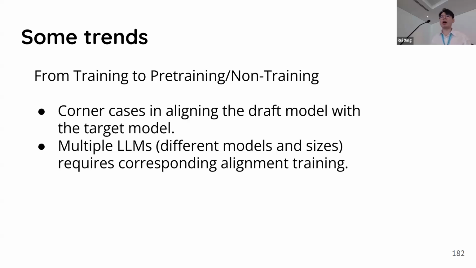This means that we must leverage data samples to learn the predictions from the target model. However, the data samples can't cover all situations. This means that there are always corner cases in the alignment training stage.